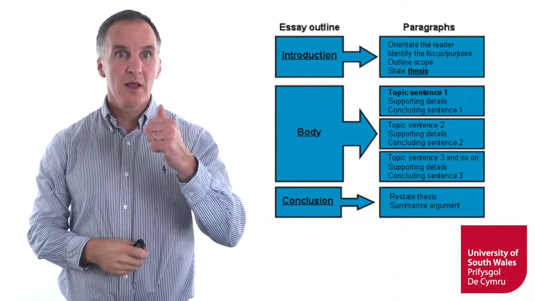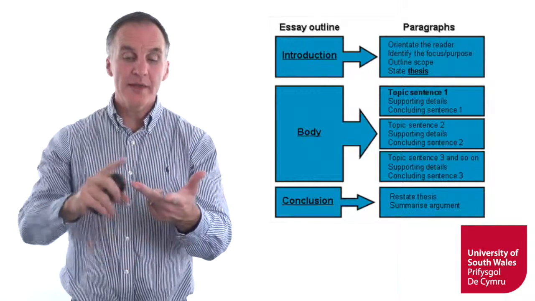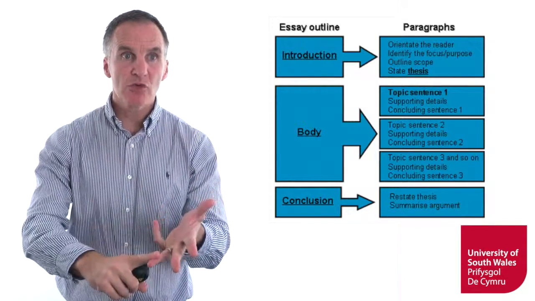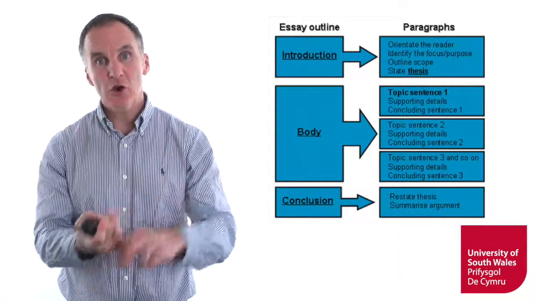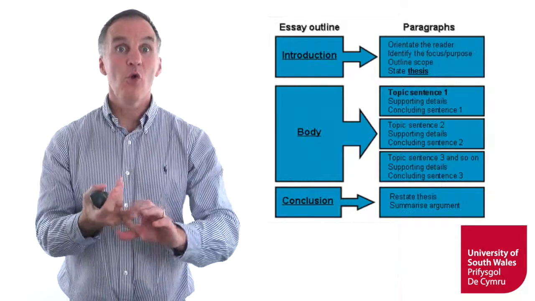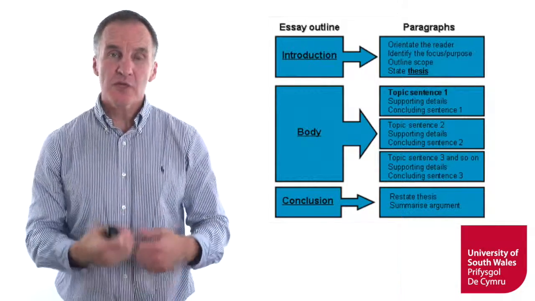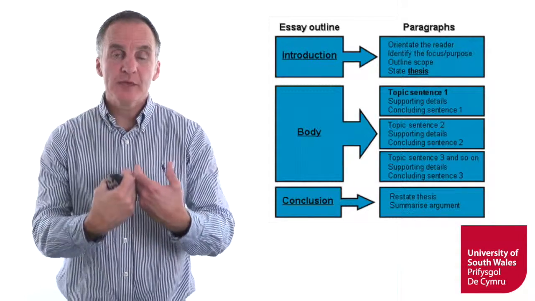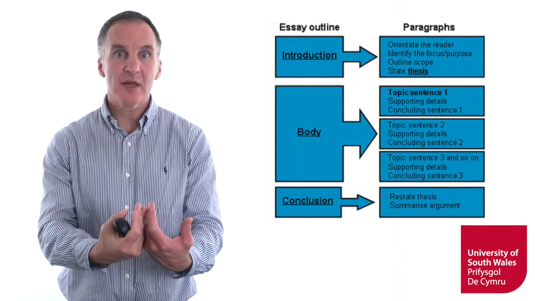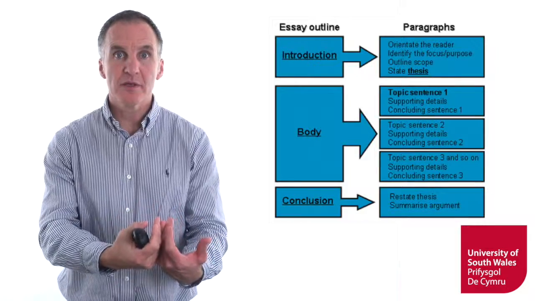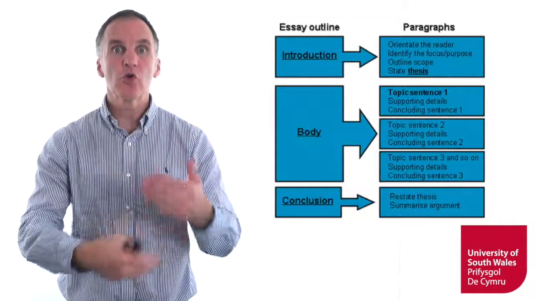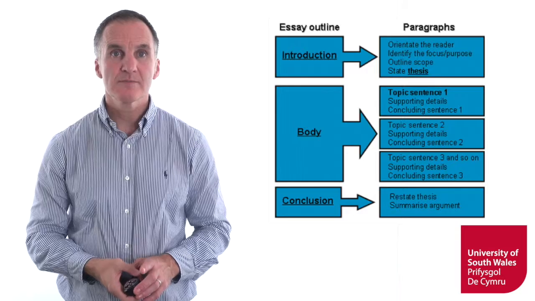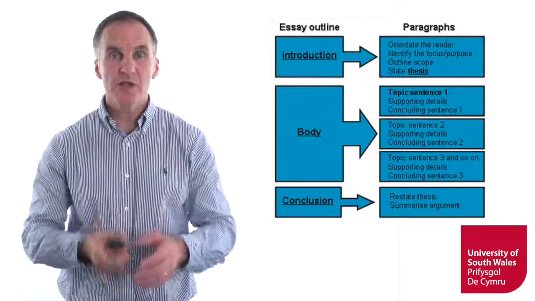Things like therefore, furthermore, in addition, as a result of, subsequently, consequently, moreover. These are words that help to link and join sentences together or paragraphs together so that you have that flow between what you write. So that's what the structure of your essay should look like.